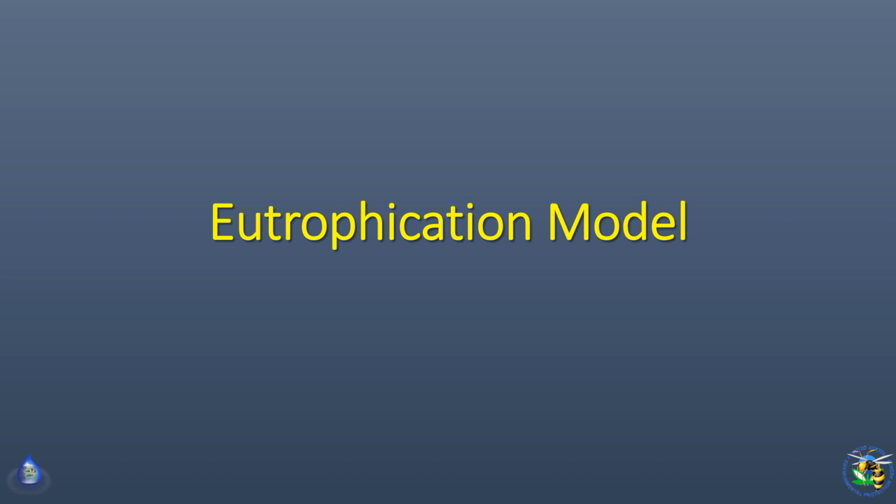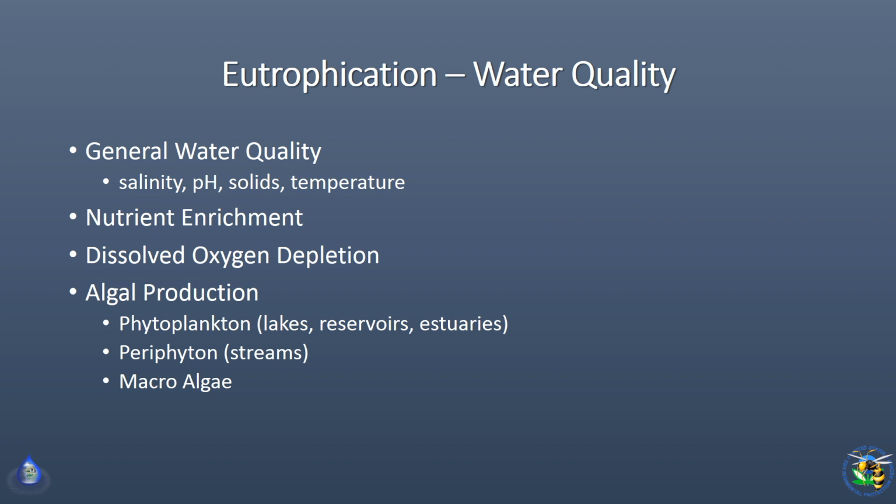All right, what we'll look at now is just a brief overview of the eutrophication model to see the things that are included in it and how they interact. For the eutrophication model, there are general water quality components that the model will simulate. That could be salinity, pH, solids, and water temperature. It can look at the impacts of nutrient enrichment. In the case of nutrients, it's nitrogen, phosphorus, and silica.